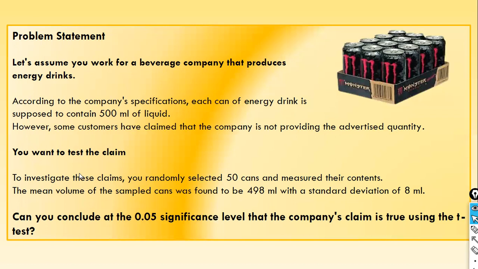So you want to test the claim, and to test this, you randomly sampled 50 cans, and you found the mean for your sampled cans is 498 ml, and the sample standard deviation is 8 ml. In this case, we do not know the population standard deviation. So here the question is, is there enough evidence at the 5% significance level to support the customers' claim that the company is not providing the advertised or promised quantity of liquid?